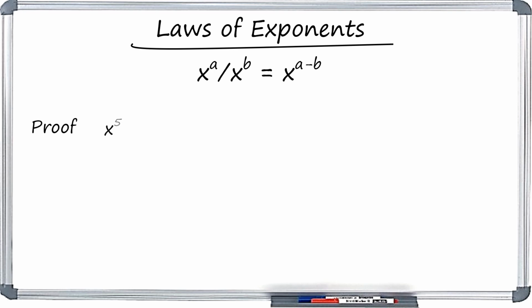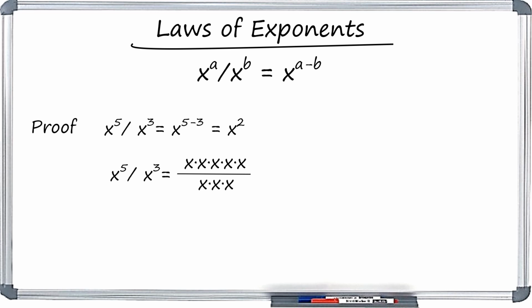So proof, let's say for example, we have this one, x to the fifth divided by x cubed is equal to x raised to 5 minus 3 is equal to x squared. To prove, we are going to expand our exponential terms. In our numerator, we have x to the fifth, so we expand. In our denominator, we have x cubed, so we expand. So we can cancel 3 x's, which are common from the numerator and denominator.